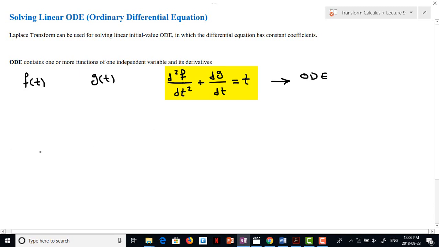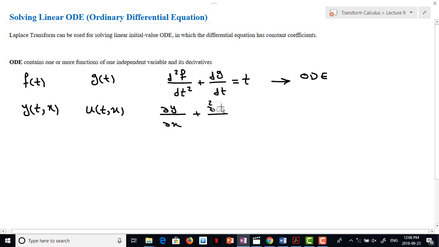But for PDE, or partial differential equation, for example we have y as a function of t and x, and u as a function of t and x. So we have derivative of u with respect to x plus second derivative of, for example, y with respect to s plus second derivative of u with respect to x and t is equal to, for example, t.